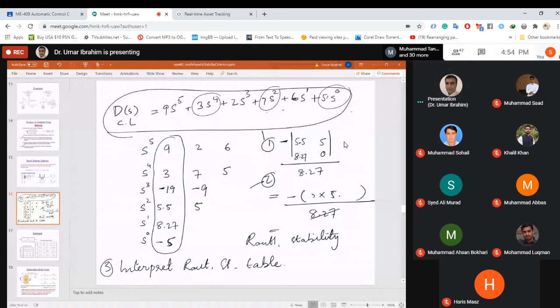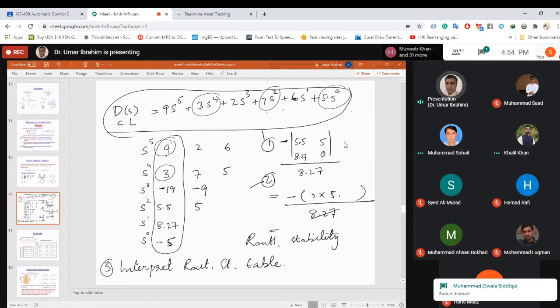I want you to find out the number of sign changes in the first column. So start with first number, it is +9. From +9 to +3, is there any sign change? Did sign change happen? No, sir. 3 to -19, we have one sign change.